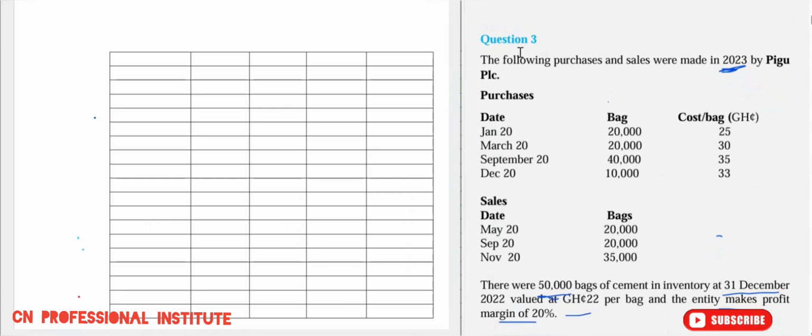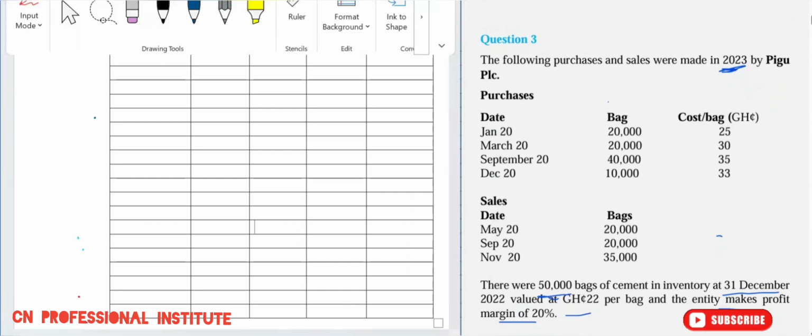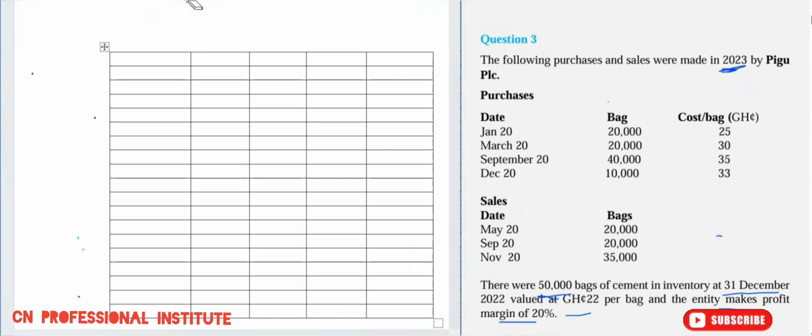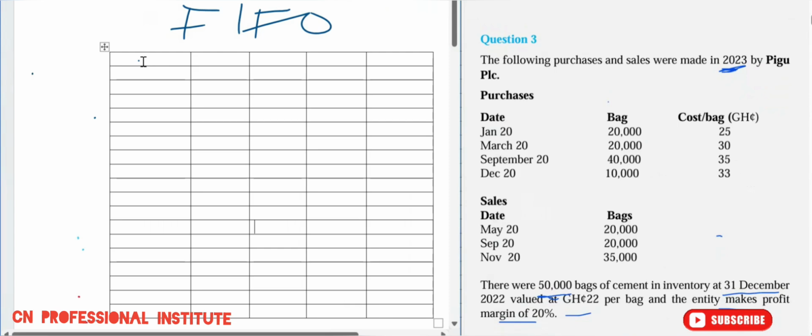Okay, so let's start with the FIFO method. Let me write it up. We are using the first in, first out method. As usual, I said we have many ways of doing it. I have my way, and you can also get your way. Just understand.